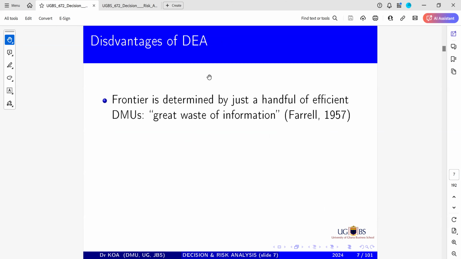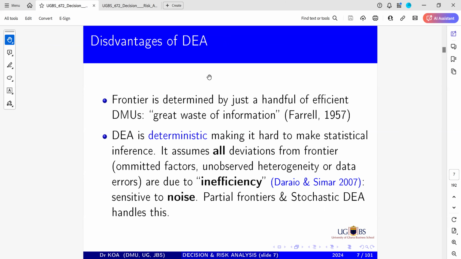But there are disadvantages, there are demerits. One of the demerits is that, and this was a long time ago, Farrell indicated that the frontier that we determine is determined by a small number of efficient guys, if you can remember.